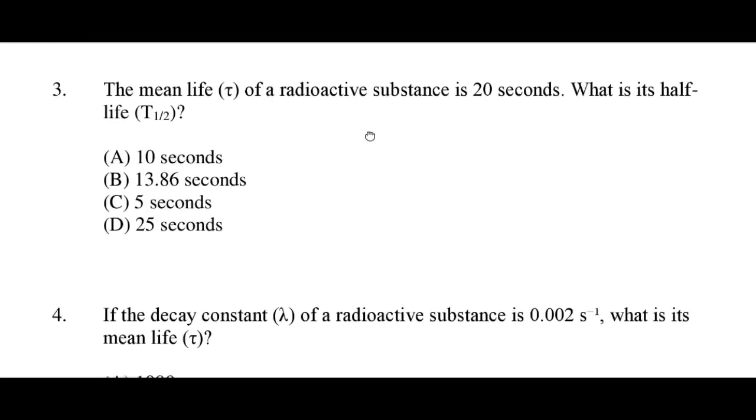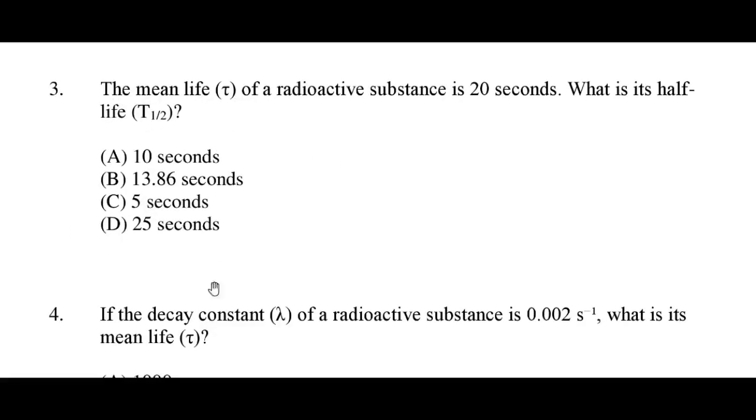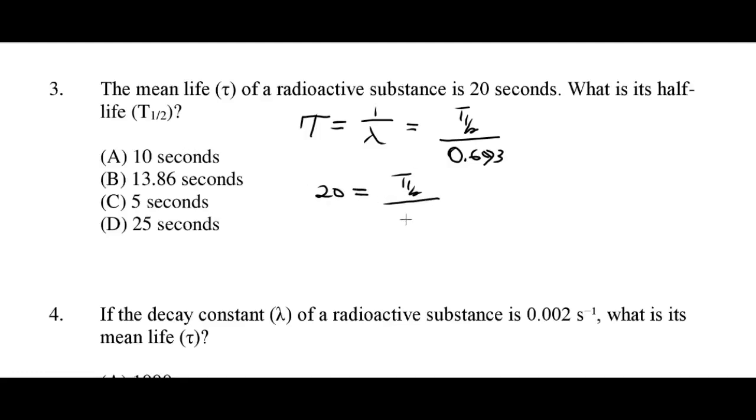Then question 3. We have the mean life, tau, of a radioactive substance as 20 seconds. What is its half-life? Now you and I know that mean life is the reciprocal of the decay constant. So that makes this become T half over 0.693. We have been given the mean life to be 20, and this is our unknown half-life over 0.693.